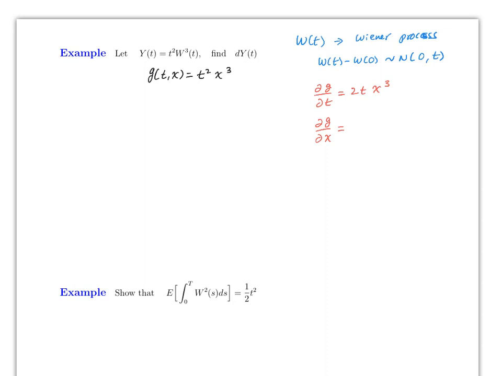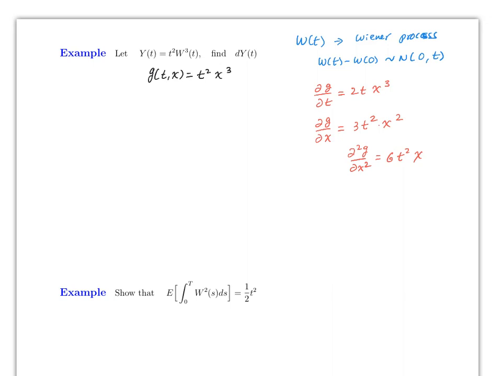Remember, x is just the Brownian motion, so this will be equal to 3t squared times x squared. And then we also need the second partial derivative of g with respect to x, so this will be 6t squared x.